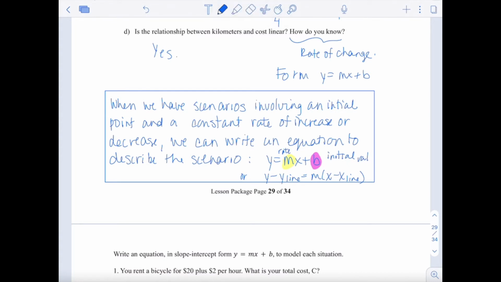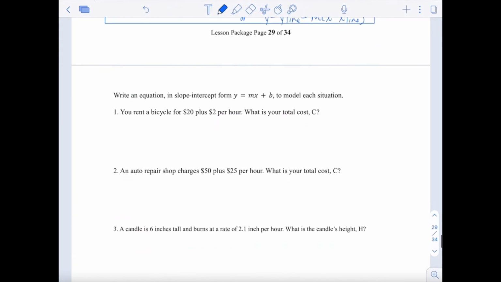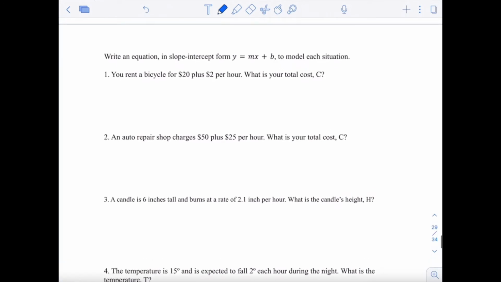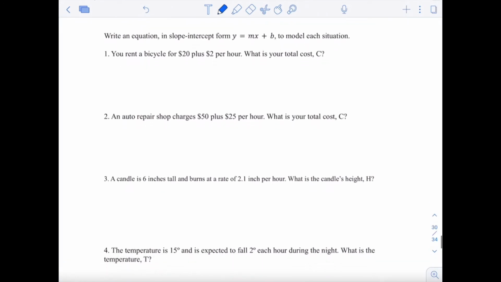Okay, let's just do some practice writing out equations. So if I rent a bicycle for $20 plus $2 per hour, I have to let h represent number of hours, and my total cost is going to be 20 plus 2h, or 2h plus 20.